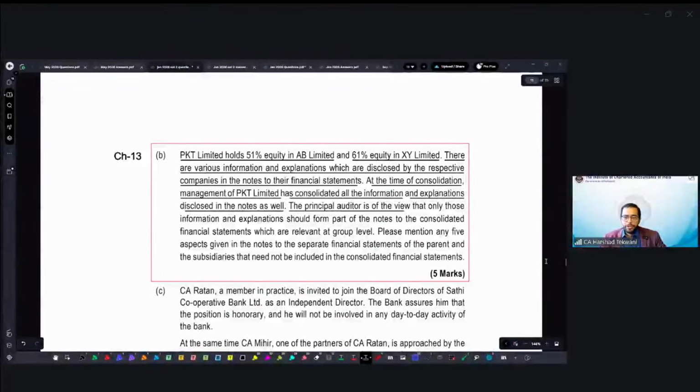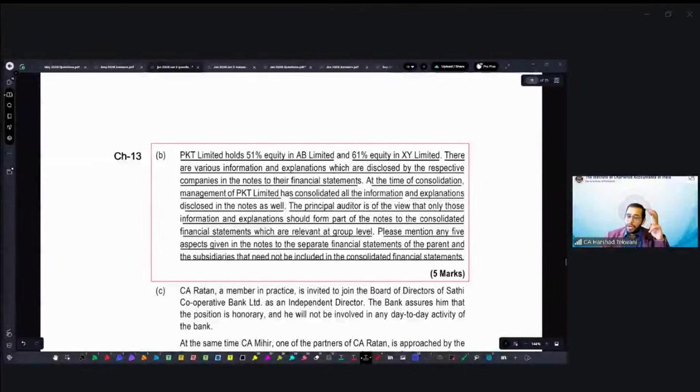The principal auditor is of the view that only those information and explanations should form part of the notes to the consolidated financial statements which are relevant at the group level. Please mention any 5 aspects given in the notes to the separate financial statements of the parent and the subsidiaries that need not be included in the consolidated financial statements.